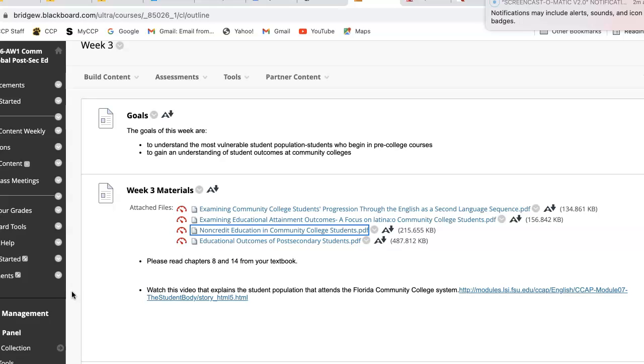It has its own ramifications, and it has been shown that these students don't progress well and the completion rate is also dismal. So throughout the past 10 years or so, all community colleges are trying their best to come up with strategies to help these students to succeed and complete. They have all kinds of programs and support services. So that's what you will be reading in that chapter.